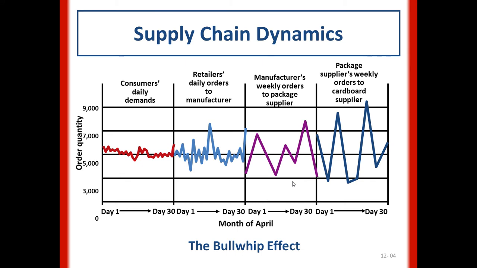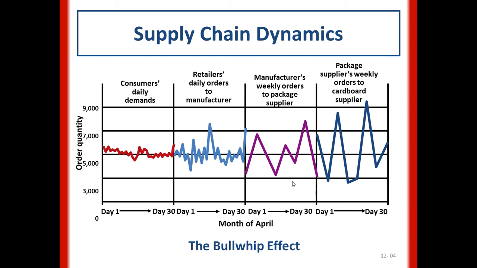In this picture, the variability in the orders increases as you go upstream in the supply chain, because the supply patterns do not match demand patterns.